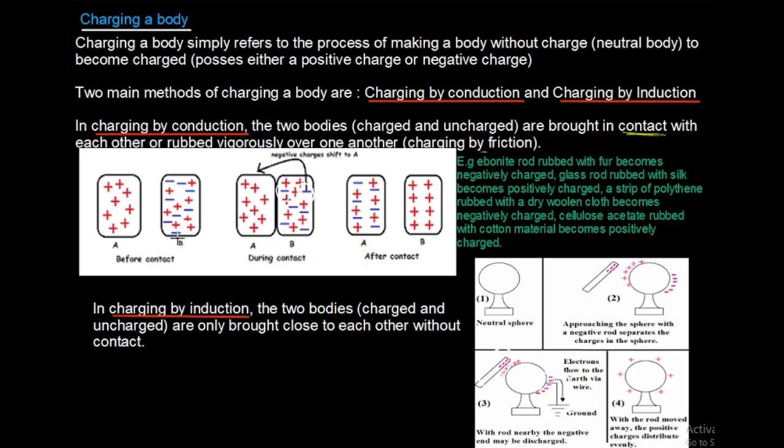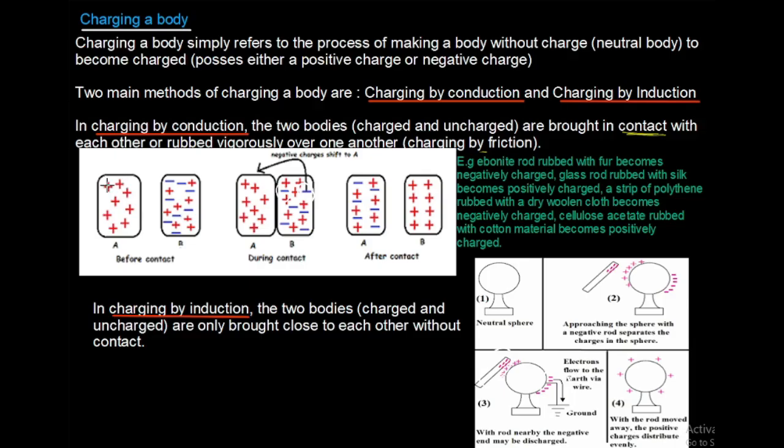Look at what we have here. This illustration says we have body A, body A before contact, and B before contact. This is after contact. Now let's look at body A here. Body A is simply a positively charged body. Why is it positively charged? Because we have excess positive charges.